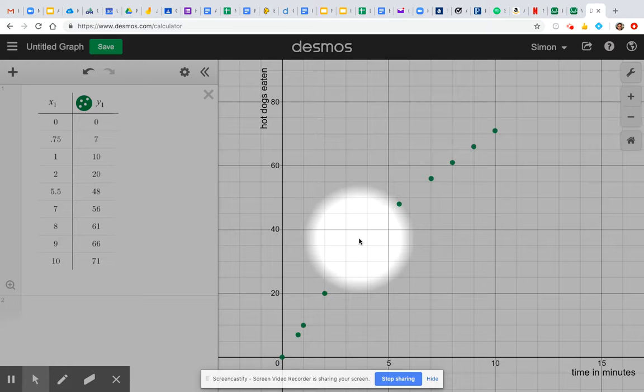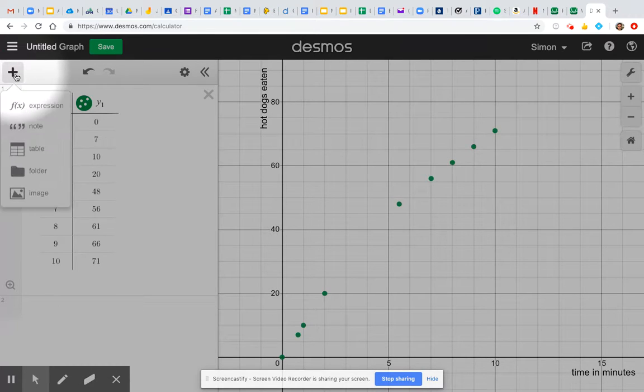And what we saw in the video was as he was stuffing his face with hot dogs, he was getting hot and sweaty and obviously slowing down. And you can see the slowing down as the steepness or the slope of this starts to level off. Now it's still going up because he's still eating hot dogs. So one of the things we're going to talk about is what makes a proportion.